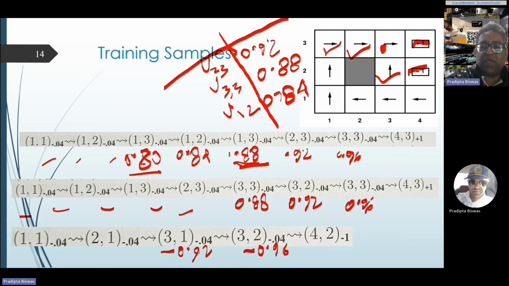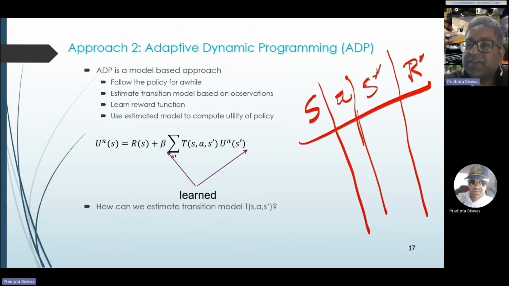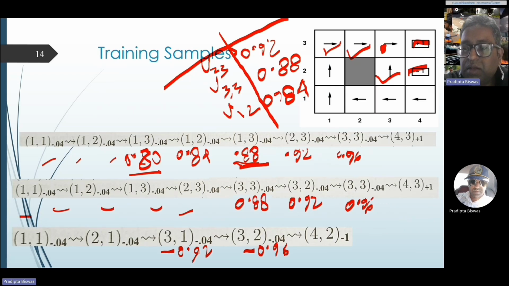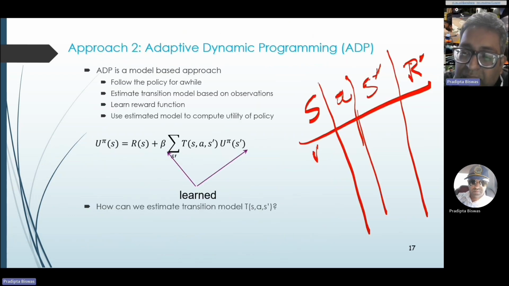In direct estimation, we put this value directly against the utilities. But in adaptive dynamic programming, I will put this delayed reward with respect to this table. Let's say if I look here, this is 1,1, then an up action will take it to 1,2. So I will prepare the table like this: this is our state 1,1, I am going to 1,2, and I am doing an up action.